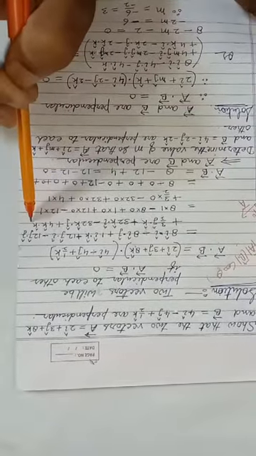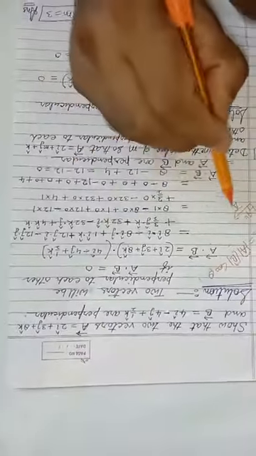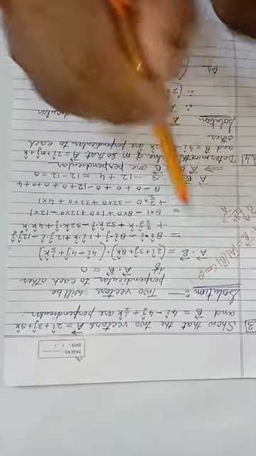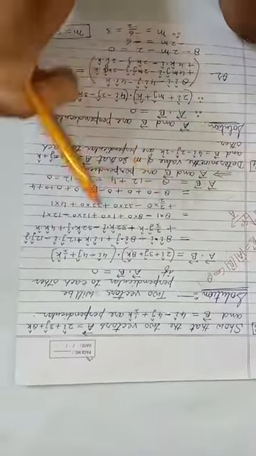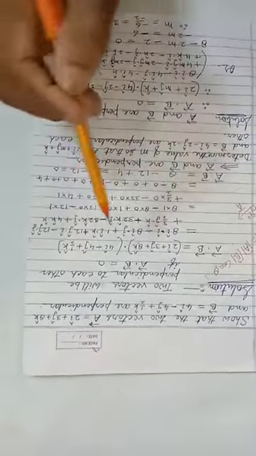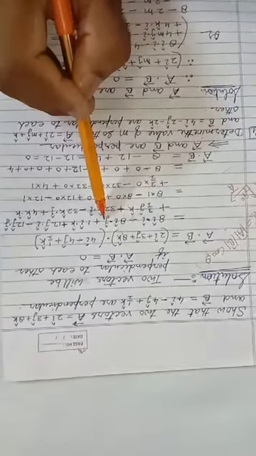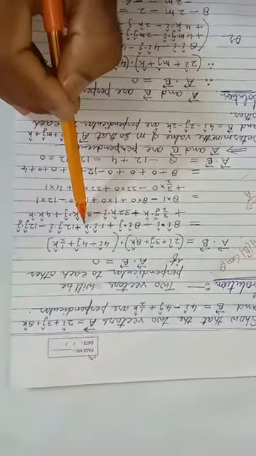Okay, students, i is the unit vector in the x direction, j is the unit vector in the y direction, and k is the unit vector in the z direction, and all three are perpendicular to each other. So when you take i dot j, the angle is 90 degrees. When you take i dot k, again the angle is 90 degrees.